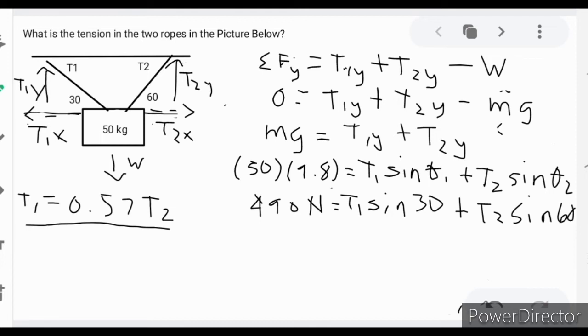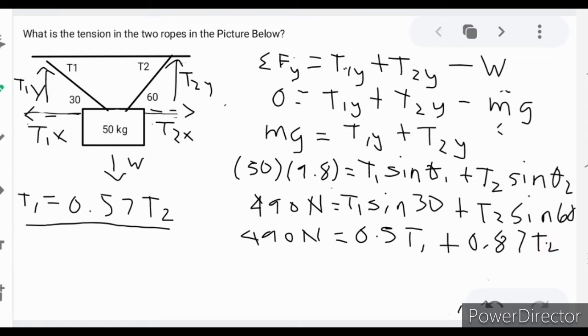So by computing it on the calculator, we have 490 Newton is equal to, so sine 30 is equal to 0.5. Then we can write T sub 1 plus the value of sine 60, based on our calculation, we have 0.87 T sub 2.